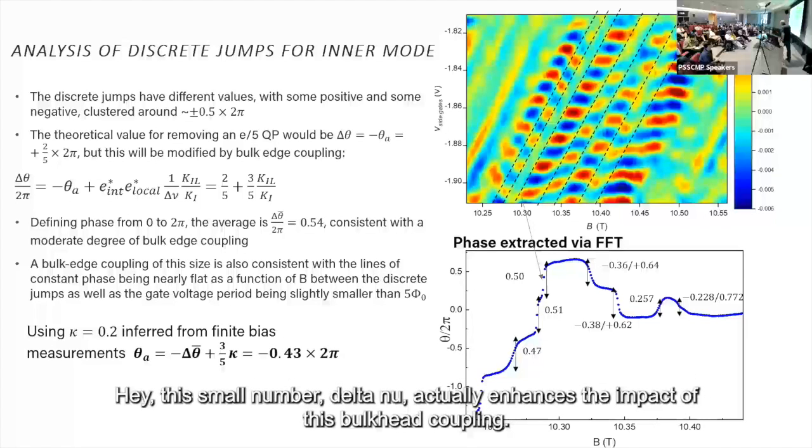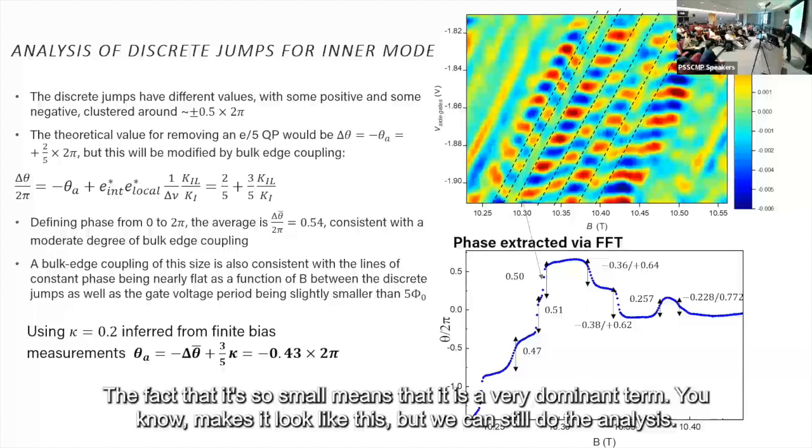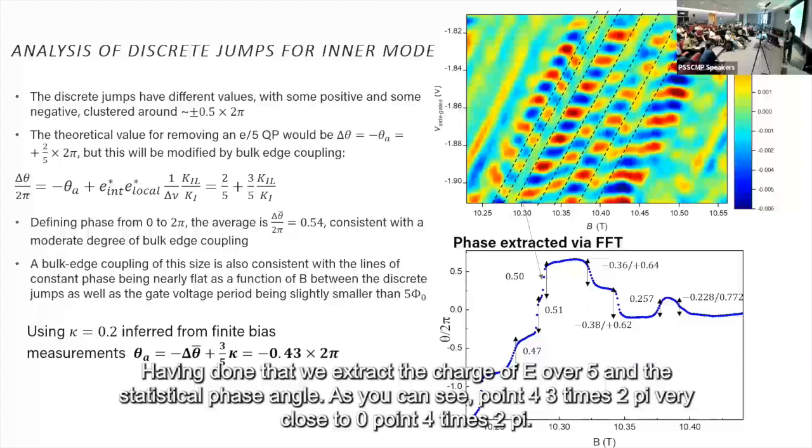And this small number, delta nu, actually enhances the impact of this bulk edge coupling. The fact that it's so small means that it is a very dominant term. It makes it look like this, but we can still do the analysis. Having done that, we extract the charge of E/5 and the statistical phase angle, as you can see, of 0.43 times 2 pi, very close to 0.4 times 2 pi.